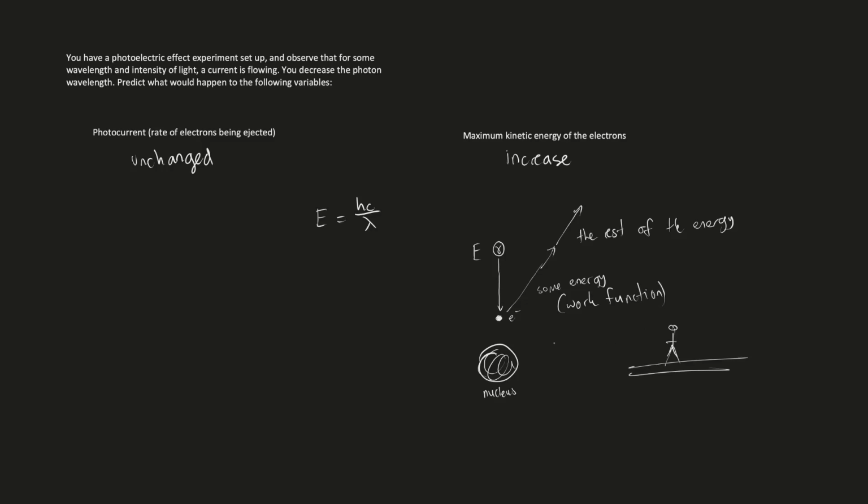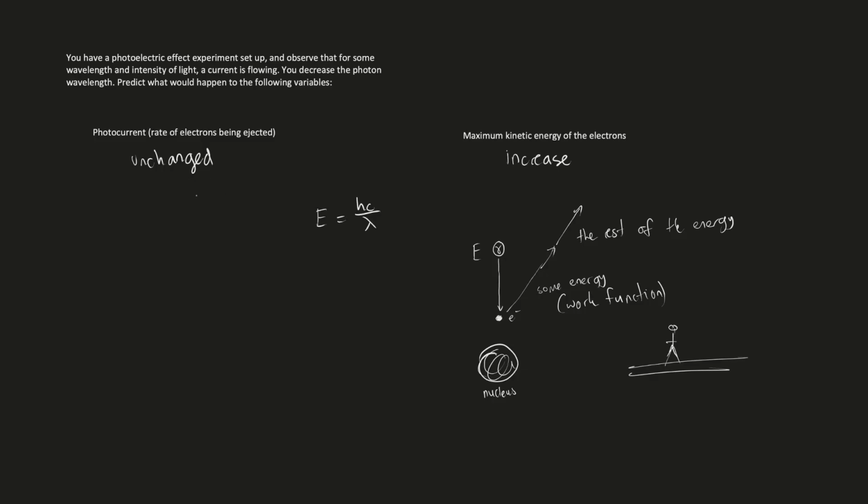It will take some energy to actually overcome the potential well of the nucleus, and then the rest of it is kinetic energy. So as we increase the photon energy, the kinetic energy of the resultant electron will get bigger and bigger because there'll be more energy left over when it's actually escaped from the metal. So that means it makes perfect sense that the kinetic energy should increase.